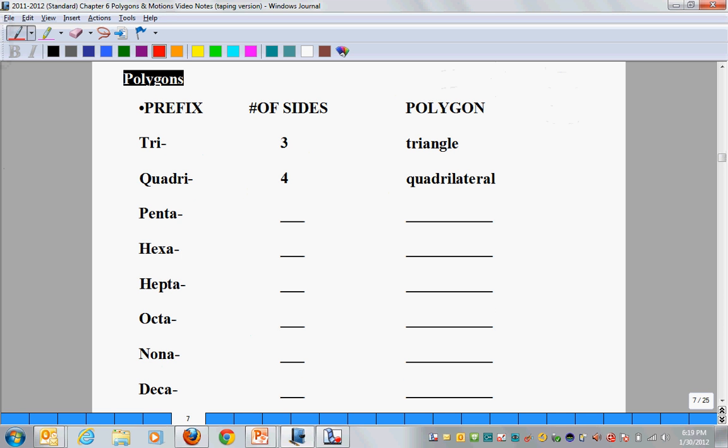For example, tri is the prefix for 3, and therefore we get the polygon called a triangle, which is a 3-sided shape. Quadra, or quadri, of course, is 4, so we get a quadrilateral, which is any 4-sided shape.